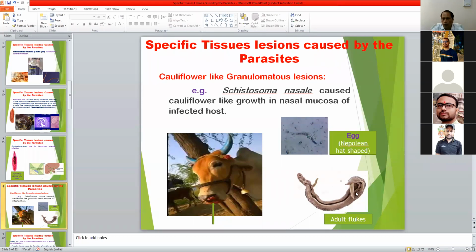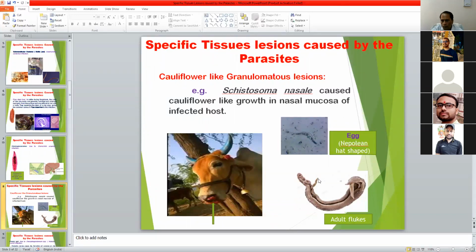This is the adult fluke. This is a unisexual parasite. Generally flukes are hermaphrodite, with both male and female in the same individual, but Schistosoma is an exception. Schistosoma is a unisexual trematode parasite. Male and female worms are separate. This is the male Schistosoma, which is elongated in shape.